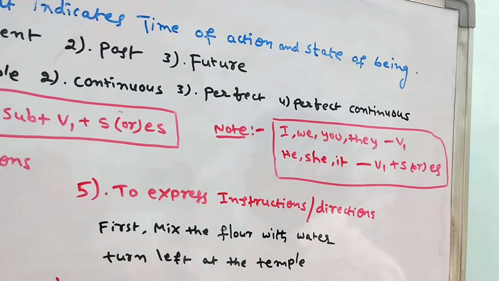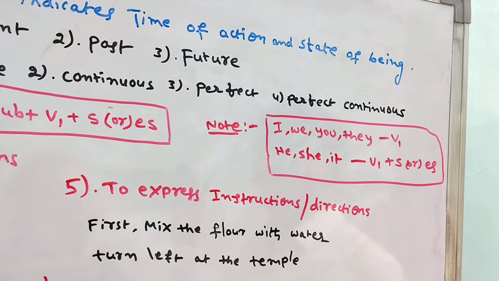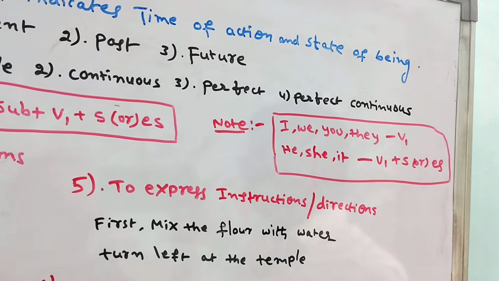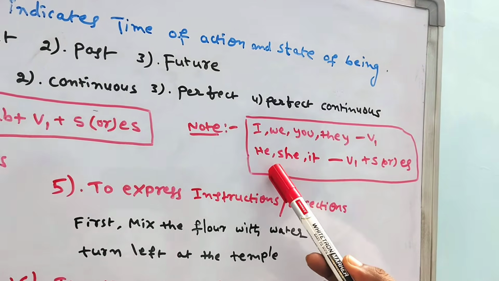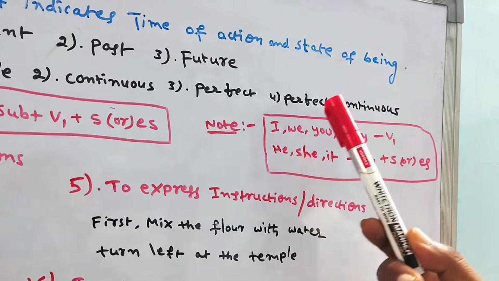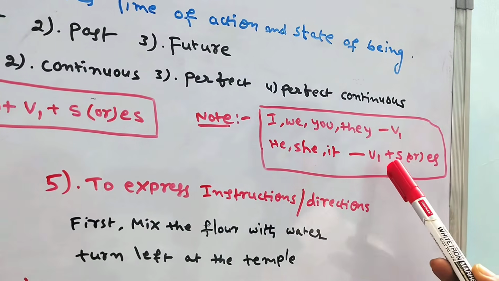As you know, persons in English: first person, second person, third person. I is first person, you is second person, he, she, it, they are third person. Only when the subject is third person singular, we add s or es to the base form of the verb. For the remaining subjects, I, we, you, they, and any plural, we don't. When you write he, she, it, and any singular subject in simple present tense, we add s or es to the base form of the verb.